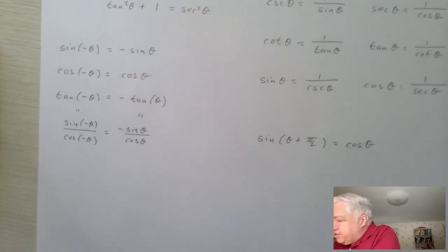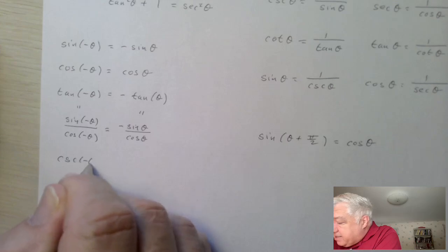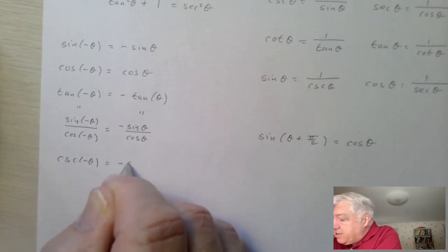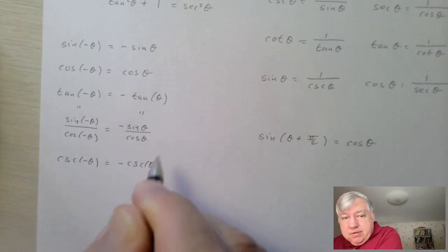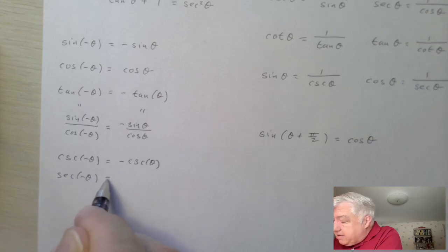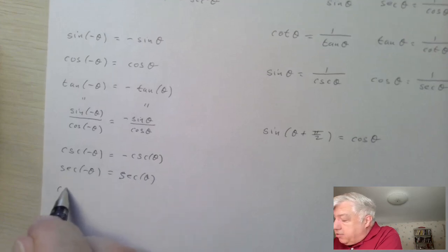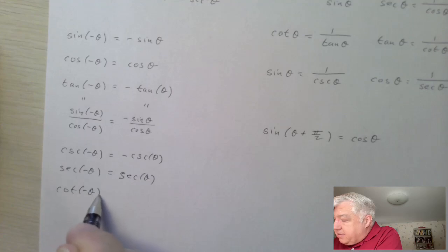You can verify that the cosecant of minus theta is minus cosecant of theta, secant of minus theta is just secant of theta, and cotangent of minus theta is minus cotangent of theta.